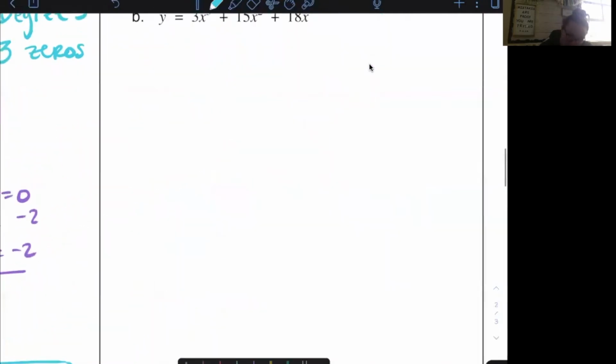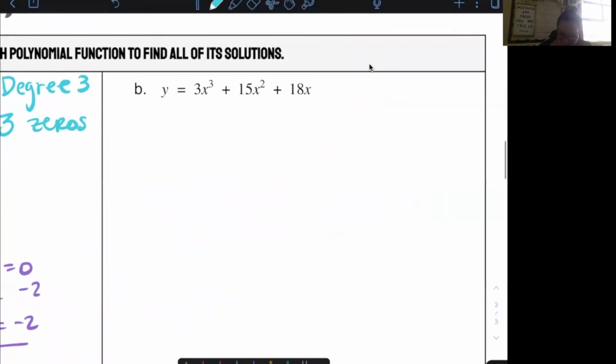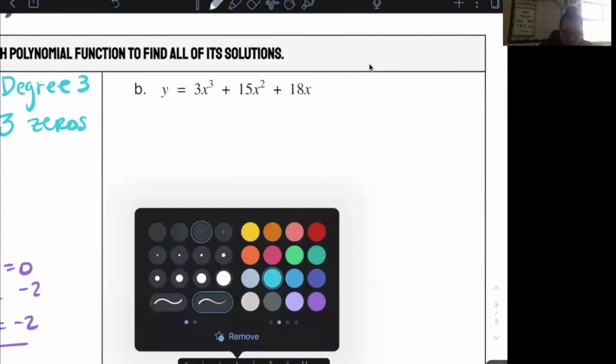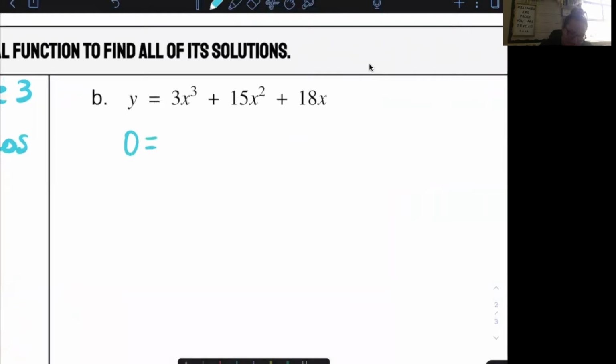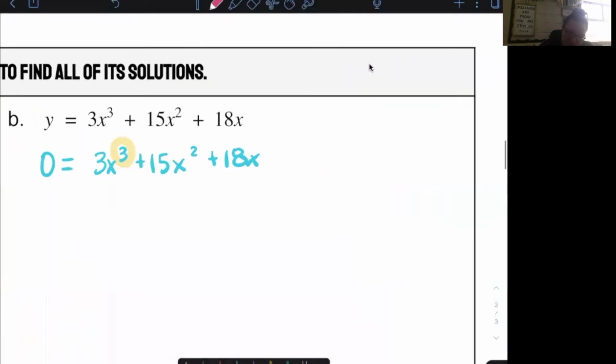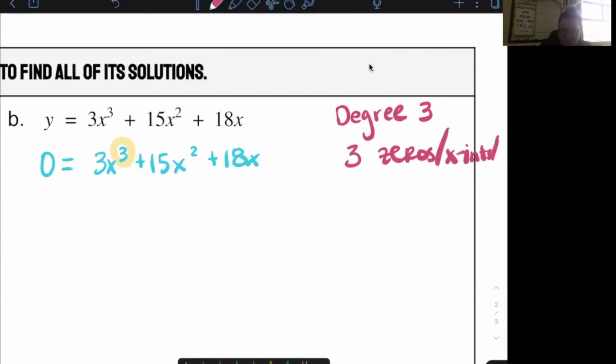All right, why don't you try one on your own? So the first thing you're going to want to do is, of course, set y equal to 0. Then you're going to want to notice, well, what degree is this? This is degree 3. So because it's degree 3, that means you should have 3 zeros, or 3 x-intercepts, or 3 roots, whatever words you want to use.